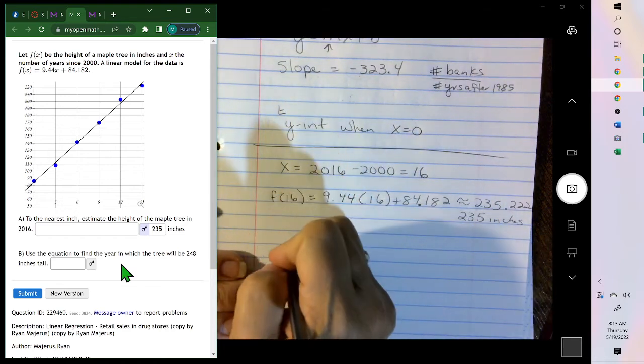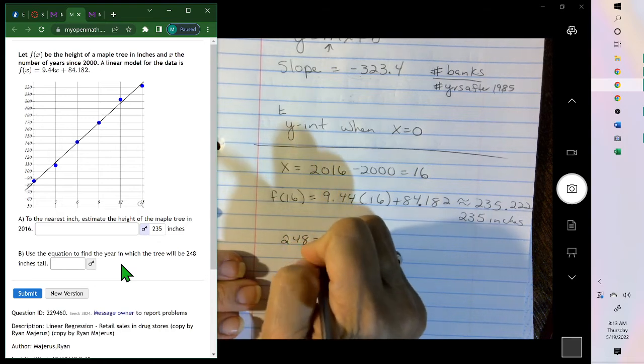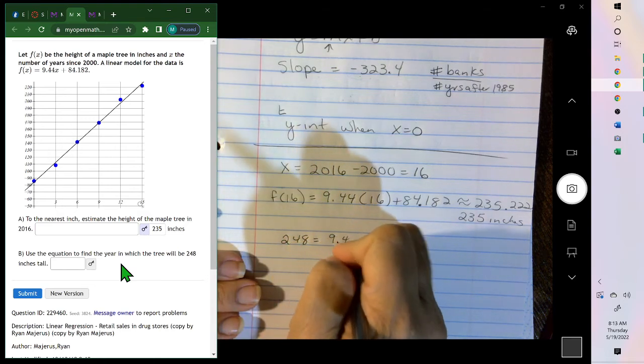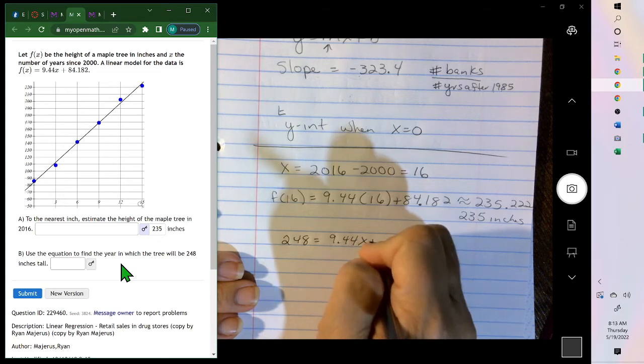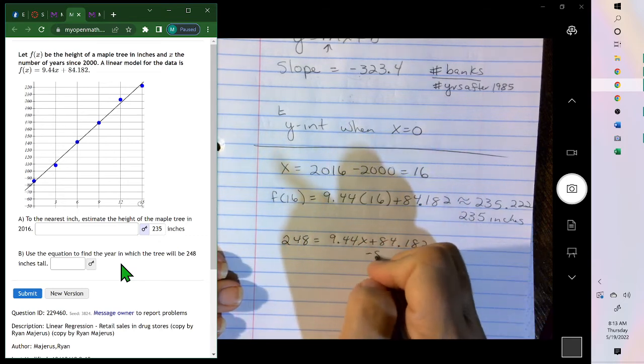The y value is inches, so we plug in 248 for y and solve for x. Subtract the 84.